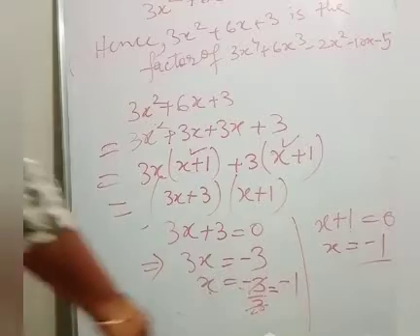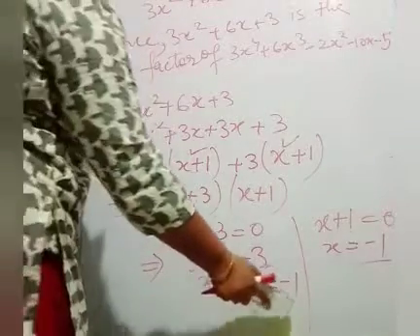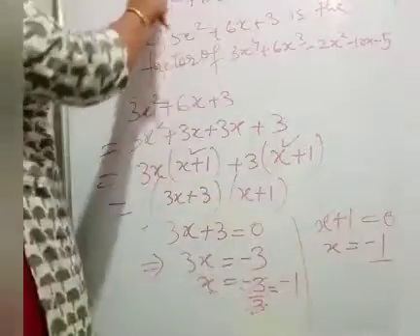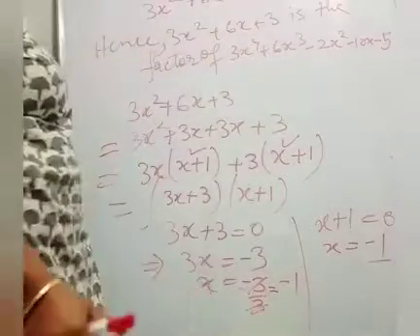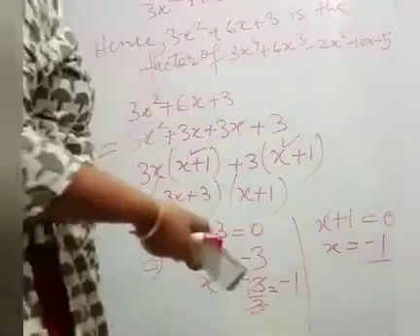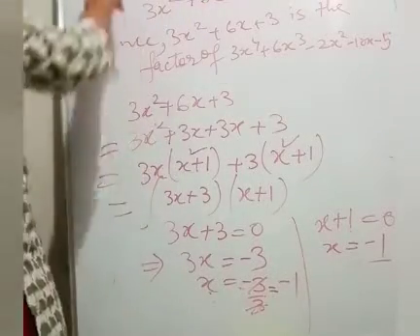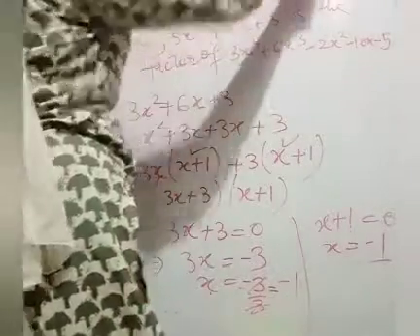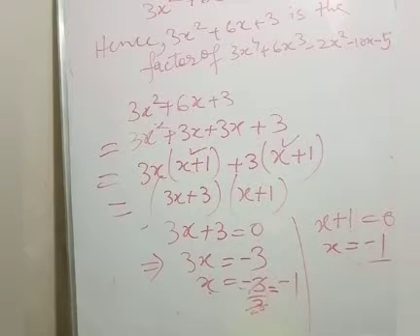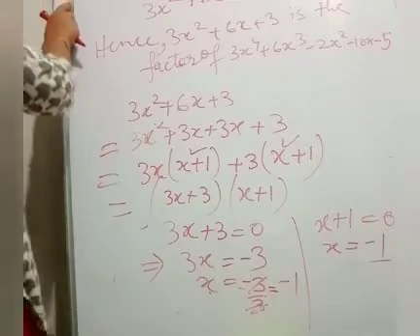So here you get two more zeros, that are minus 1 and minus 1, and two zeros are already given in the question. So how many zeros do you get? We get 4 zeros. Okay students, because the polynomial is of degree 4, at the most we will get 4 zeros.